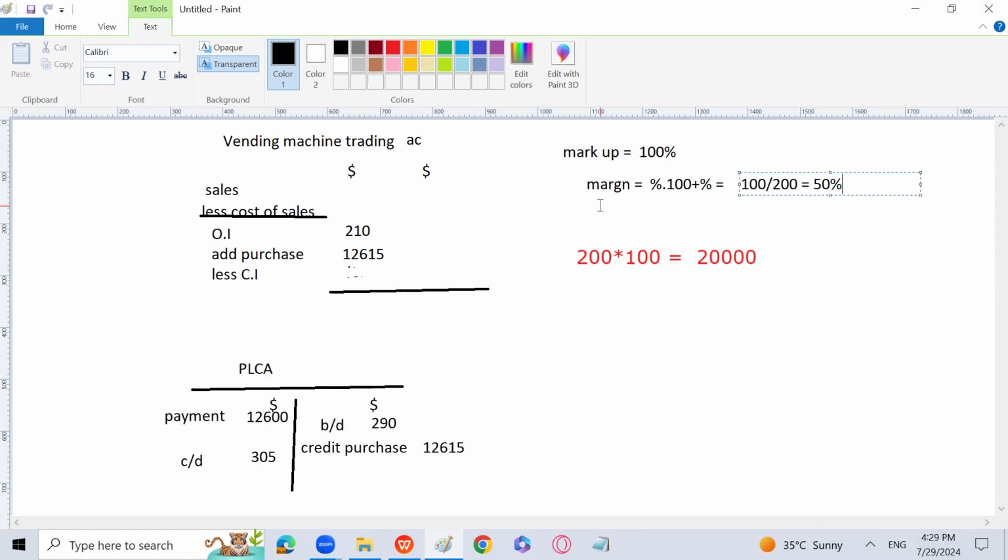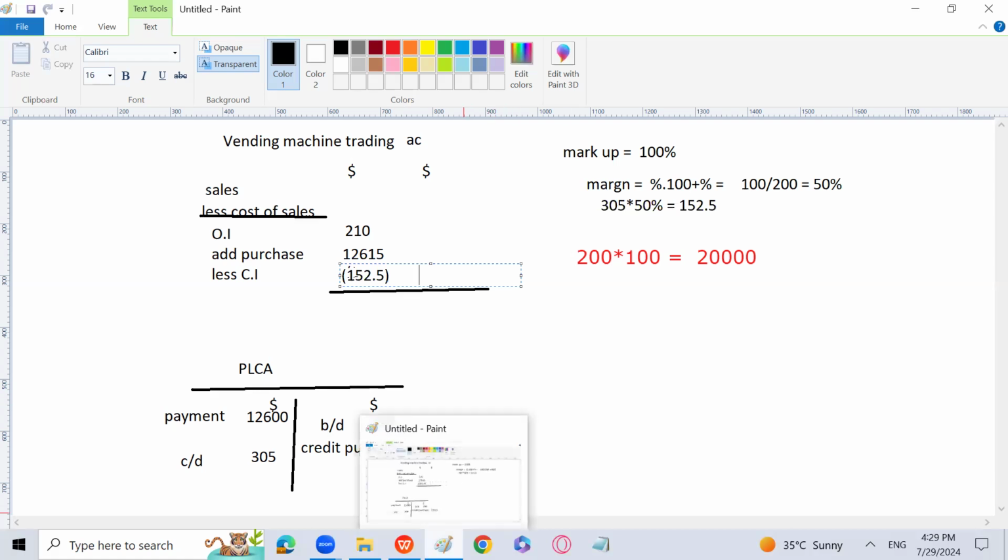So now you can find the cost of closing inventory 305 into 50%. How much it will come? 152.5. So this is going to be the closing inventory, which is subtracted. 152.5. And now I can go for the calculation of cost of sales. You can round it off also.